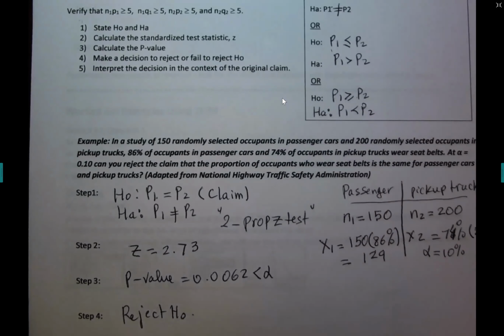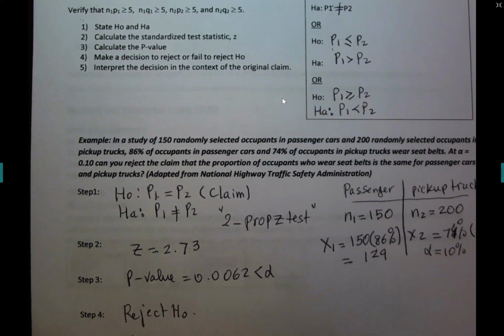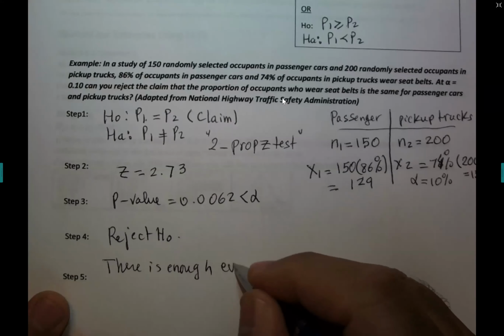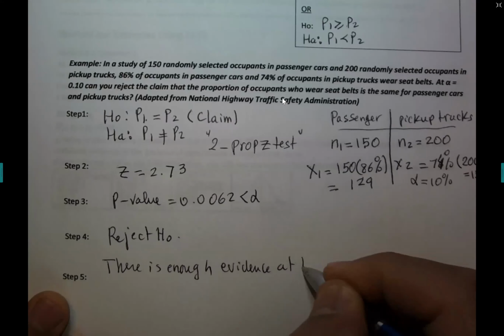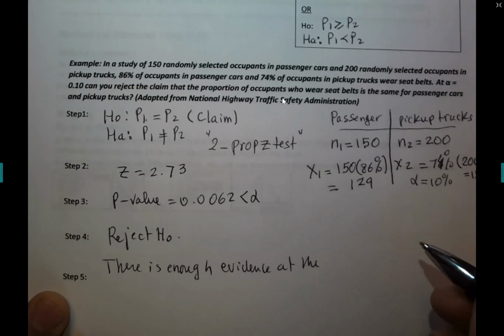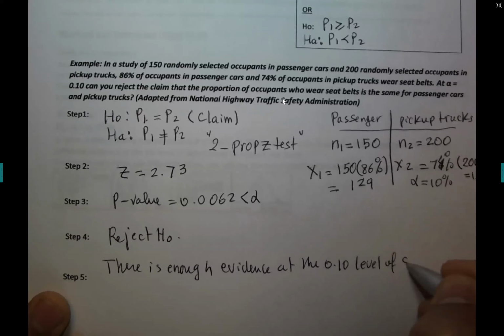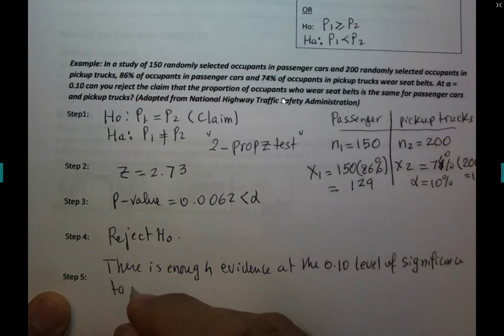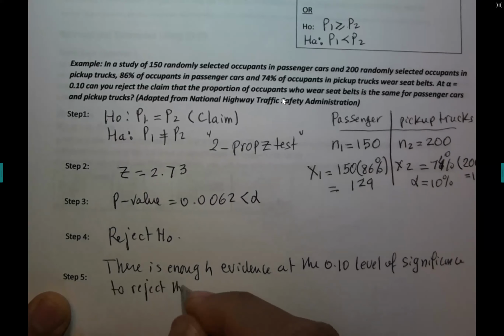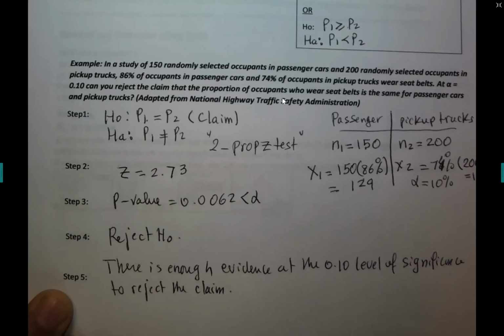So there is enough evidence at the 0.10 level of significance to reject the claim that the proportion of occupants who wear seat belts is the same for passenger cars and pickup trucks. So they're not the same.